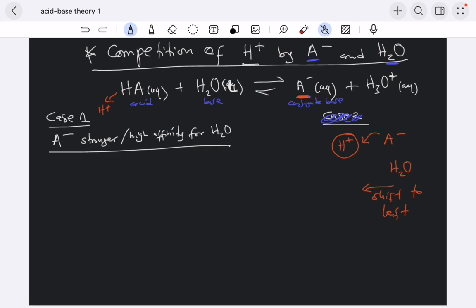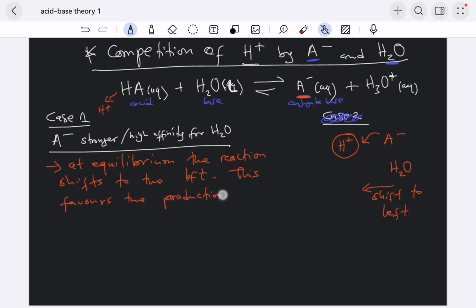So when this happens, we say that at equilibrium the reaction shifts to the left. This favors the production of HA. That is for case 1.